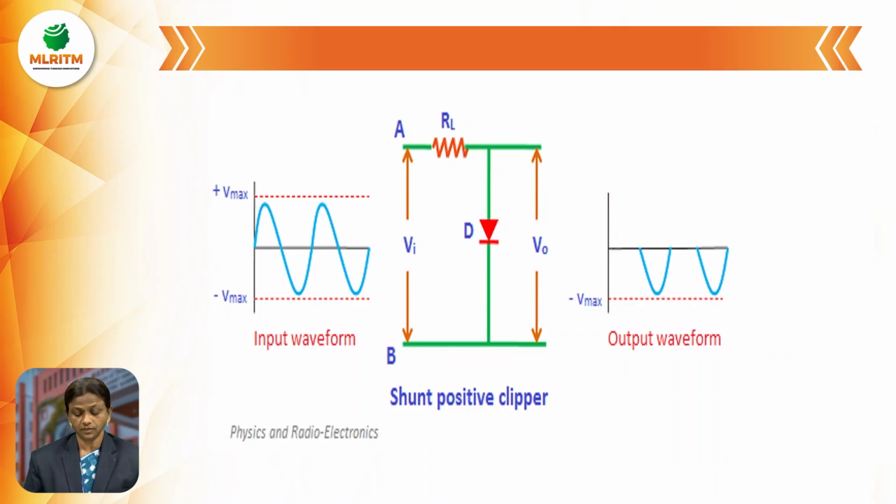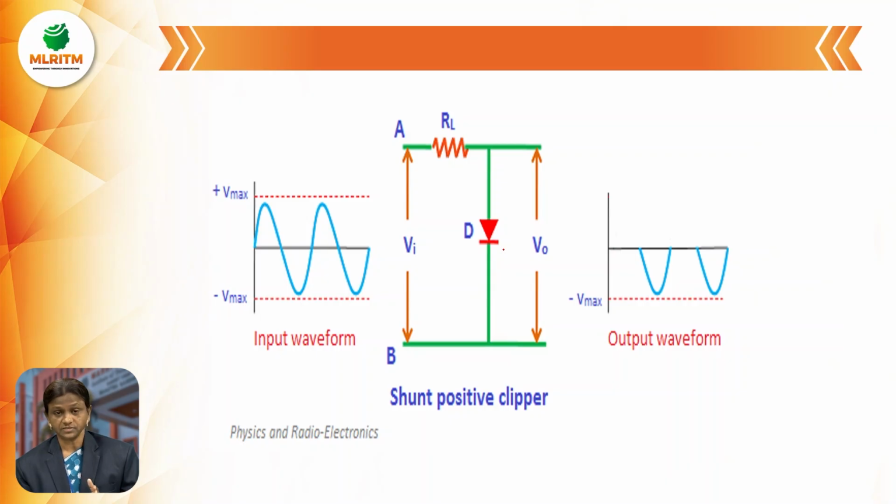During the positive half cycle, terminal A becomes positive and terminal B becomes negative. When terminal A becomes positive, the positive terminal is connected to the anode of diode D, which means diode D is in forward bias. Whenever diode D is in forward bias, it conducts, and some current passes through diode D, so V naught equals IL into RL.